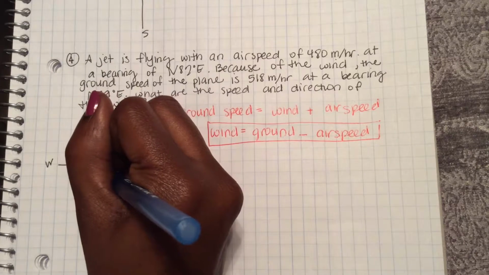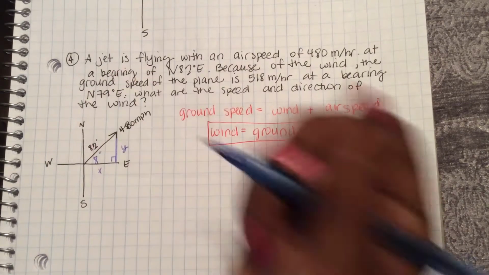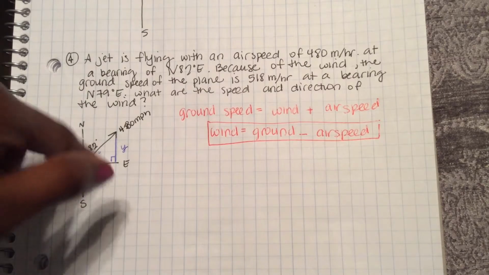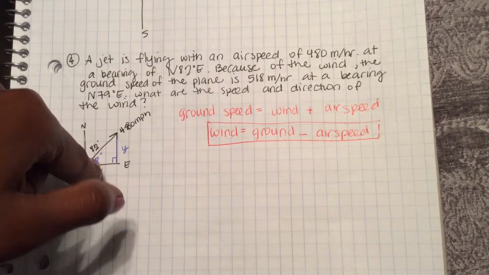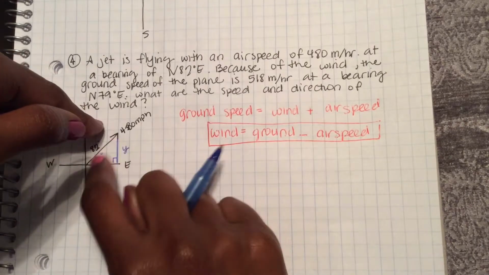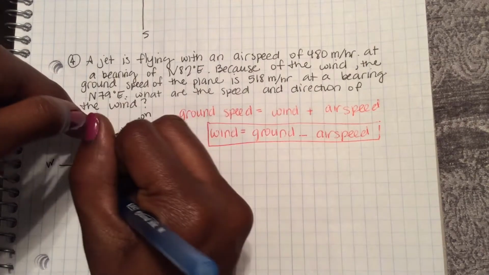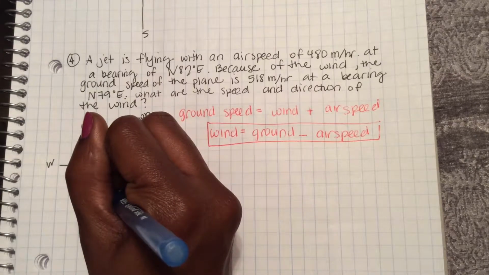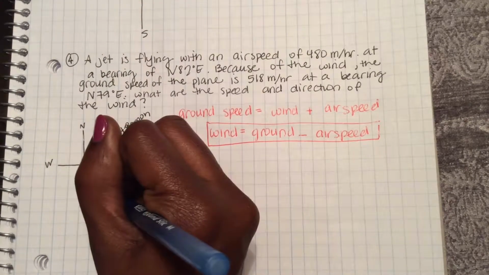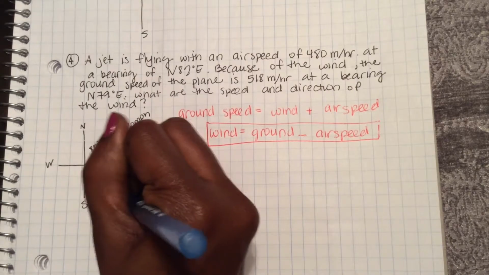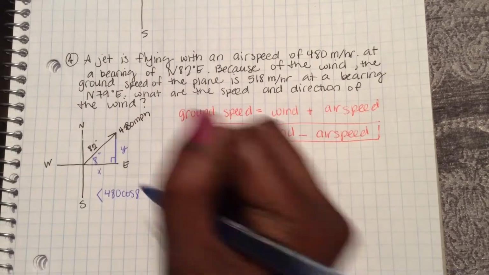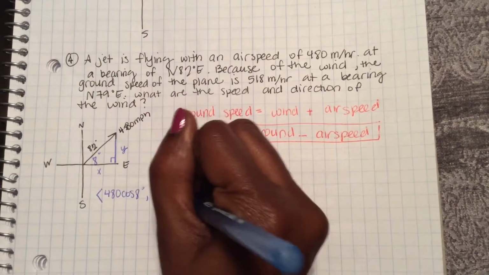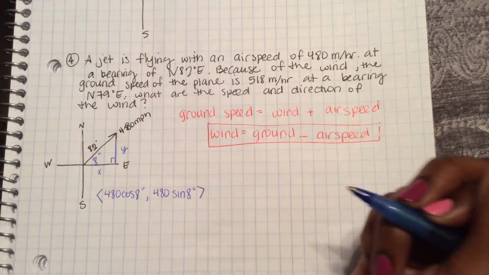So in order to find the x and y components of this airspeed vector, I need to do some trig. So my hypotenuse is 480. The x component is going to be 480 cosine 8 degrees, and the y component is going to be 480 sine 8 degrees.